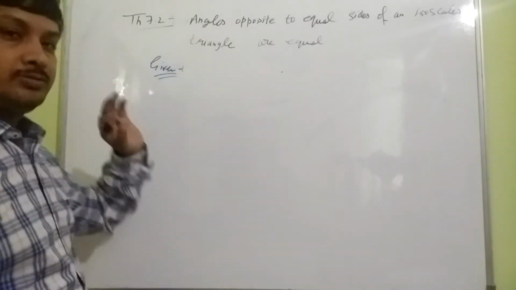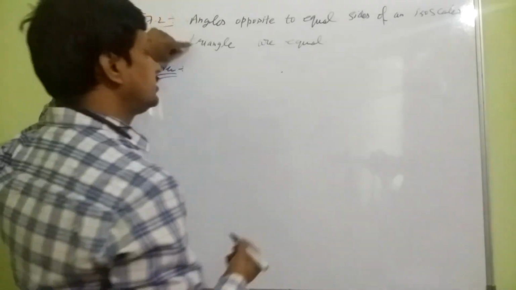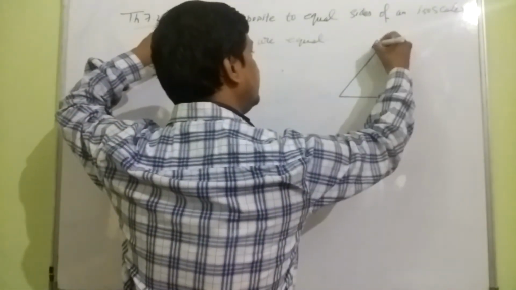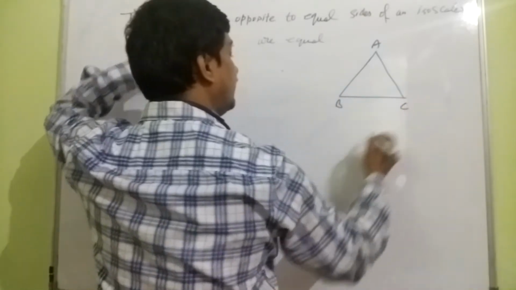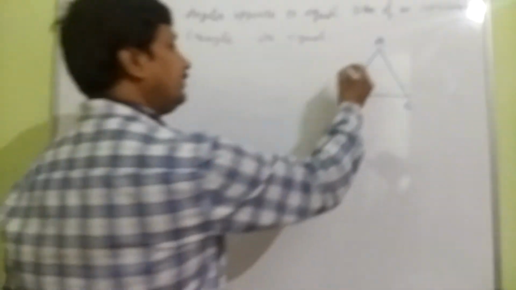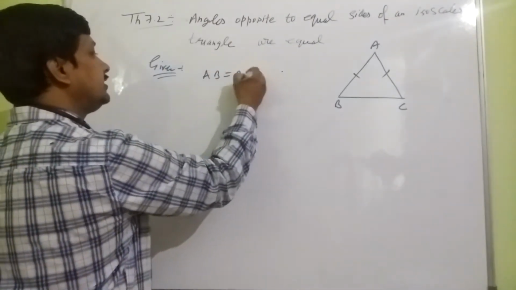In this theorem it is said that angles opposite to equal sides of an isosceles triangle are equal. Let us consider triangle ABC to be an isosceles triangle, in which side AB is equal to side AC. So AB equals AC, it is given.